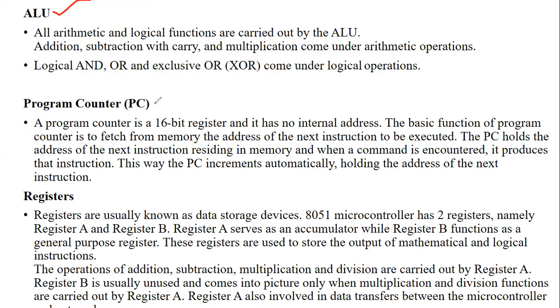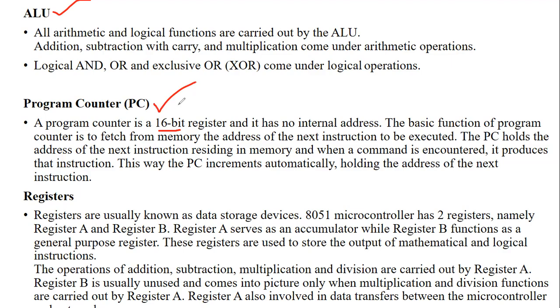Now next, this is PC. What is PC? PC is program counter. Program counter is also a register, having 16-bit capacity. Program counter is a 16-bit register having no internal address.